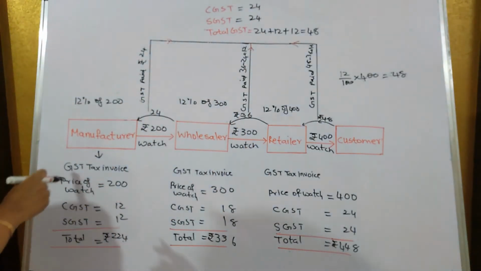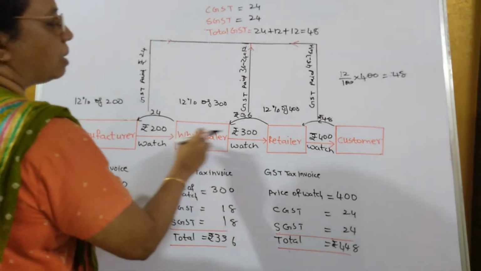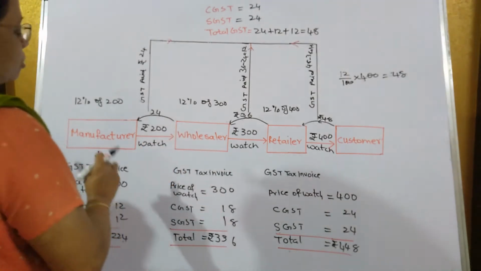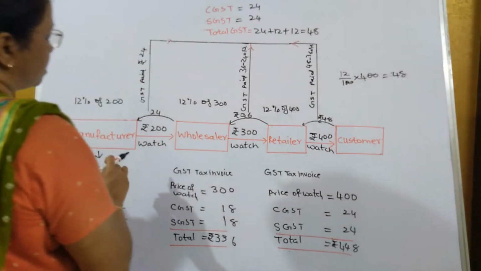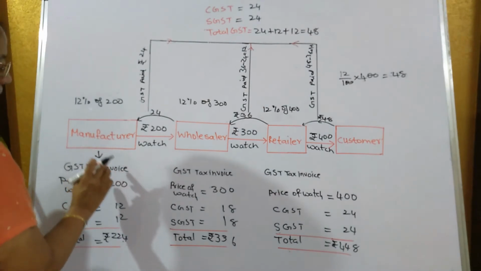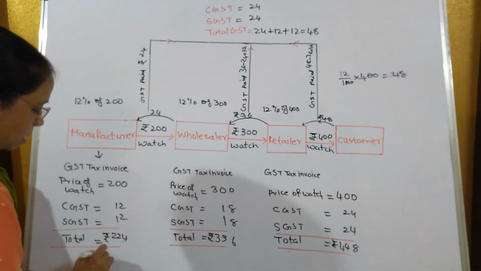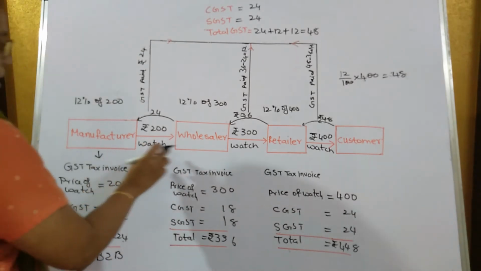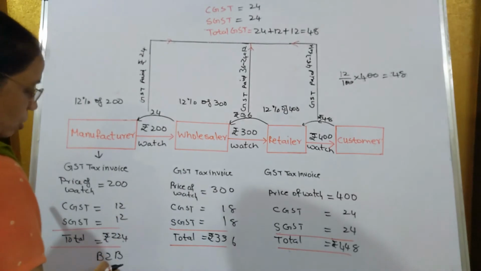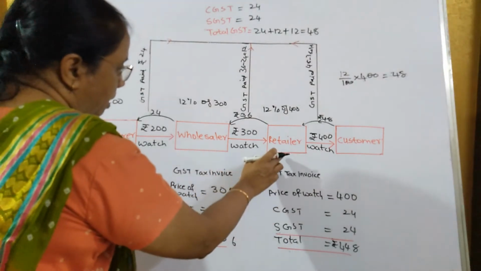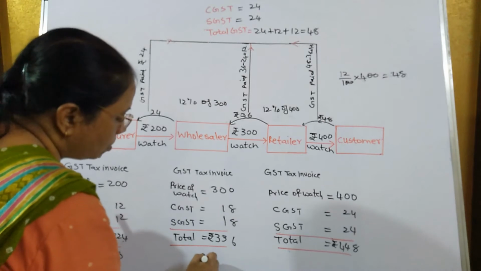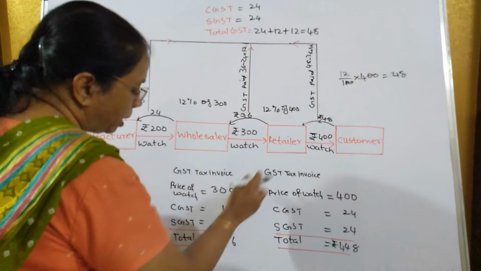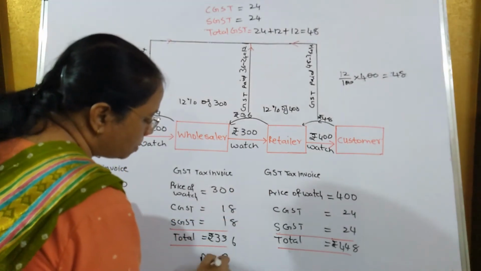Now this manufacturer, wholesaler and the retailer will be having GSTIN. They are all GSTIN holders. So they have a registration as GSTIN holder. So when they deal with each other, it is known as business to business. So when a manufacturer deals with another wholesaler, it is known as B2B. When the wholesaler deals with the retailer, even the retailer will be a GSTIN holder, so that is also known as business to business.